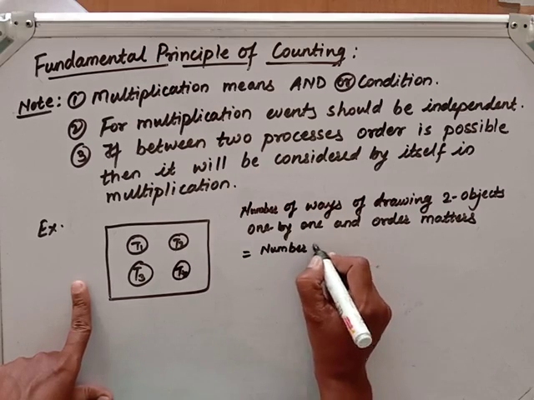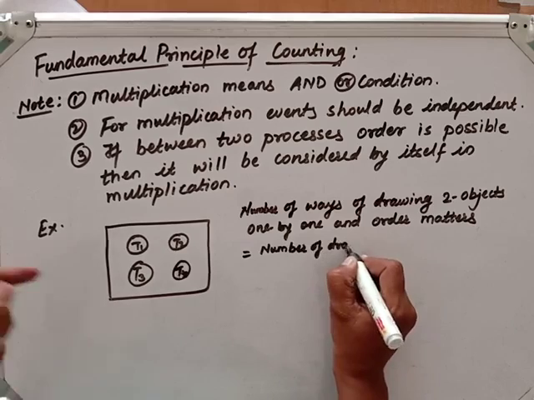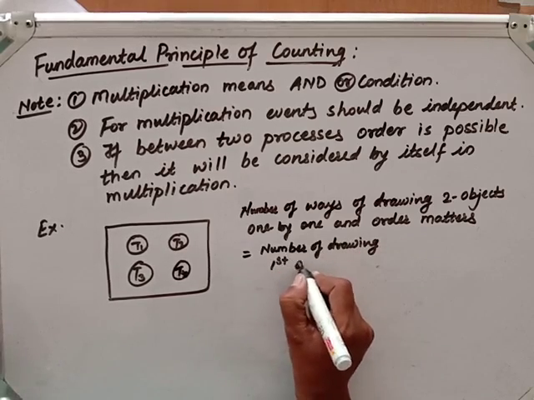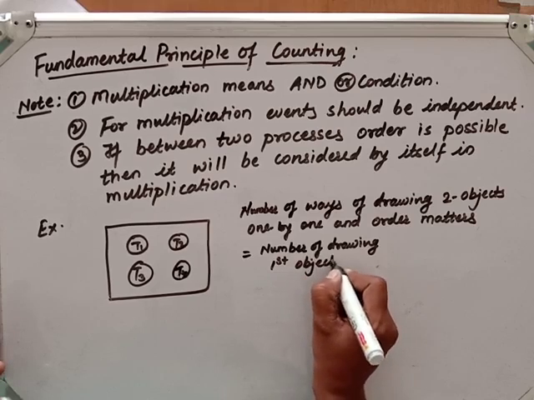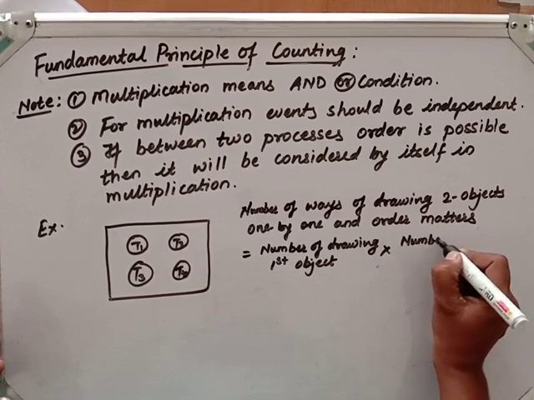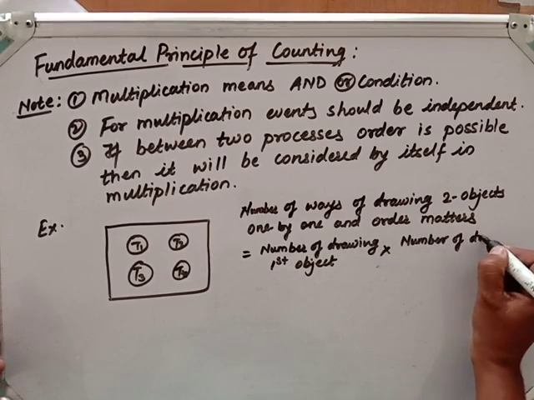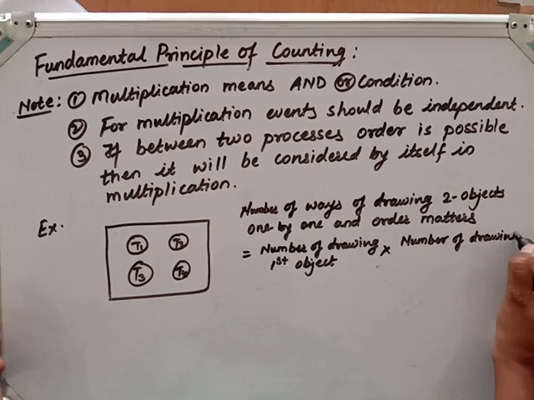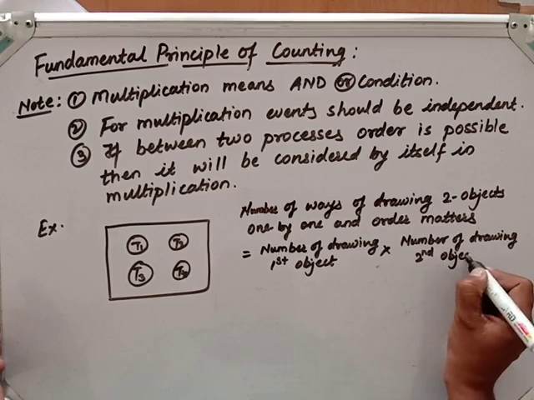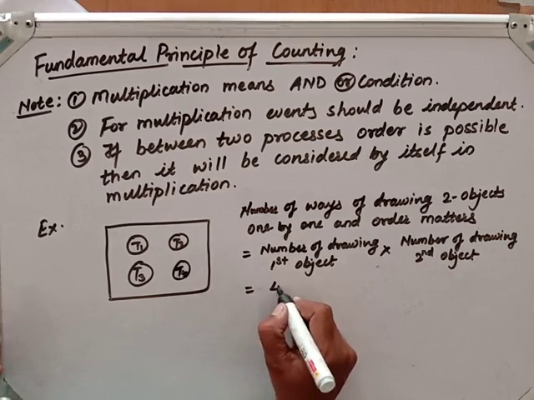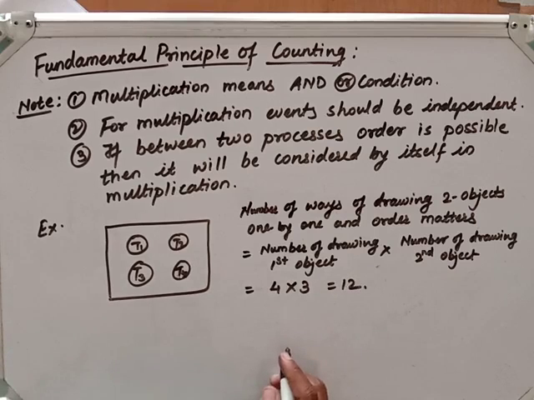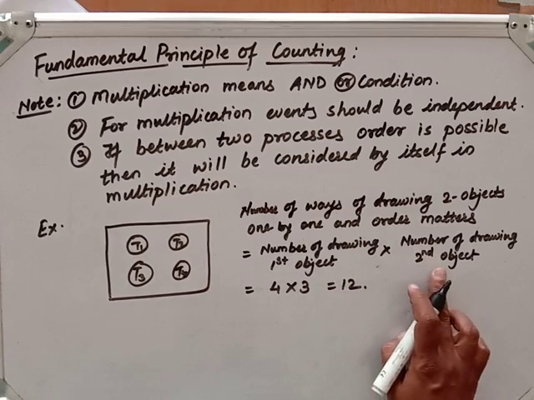So the number of ways of drawing the first object into the number of ways of drawing the second object will be 4 into 3, that is 12. Now this is independent here.